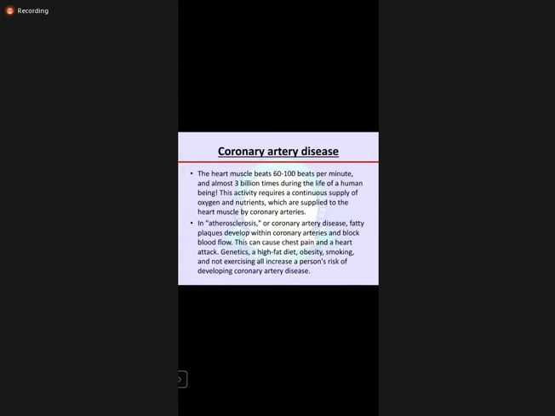In atherosclerosis or coronary artery disease, fatty plaques develop within the coronary arteries and block blood flow. This can cause chest pain and heart attack. Genetic factors like a positive family history, high fat diet, obesity, smoking, and sedentary lifestyle all increase a person's risk of developing coronary artery disease.